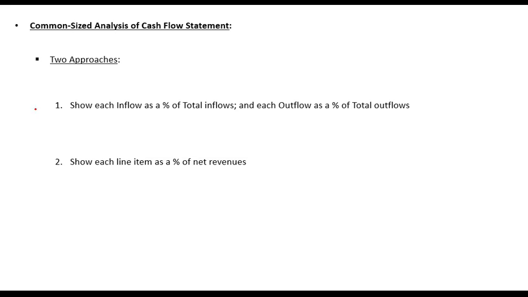So in cash flow statement, the first method is inflow outflow. For example, you list down all the inflows and you make total inflows as 100% and you show all the inflows as a percentage of total inflows. Then you list down all the outflows.